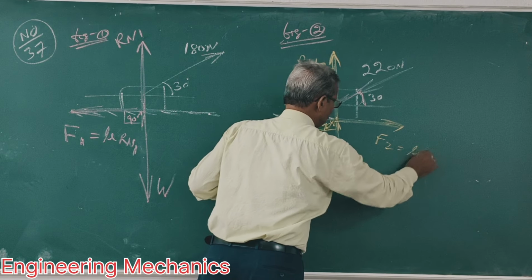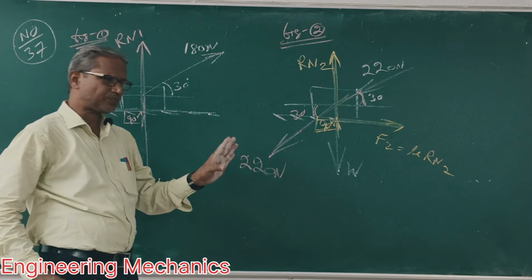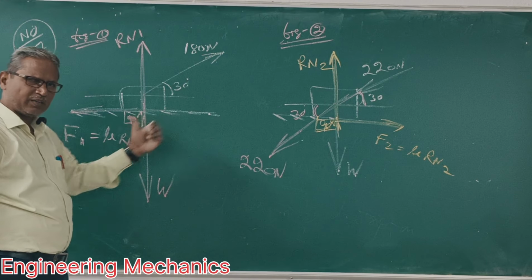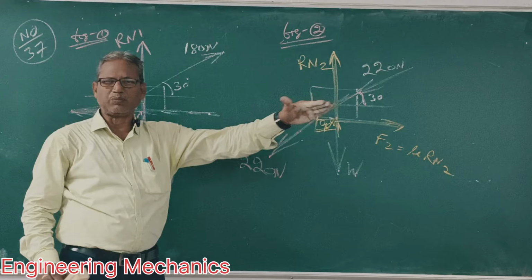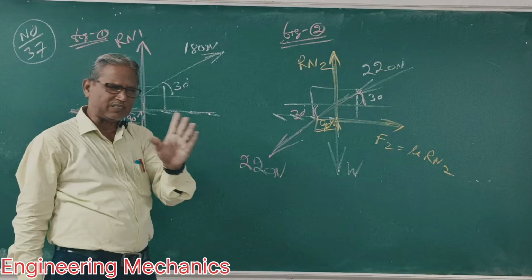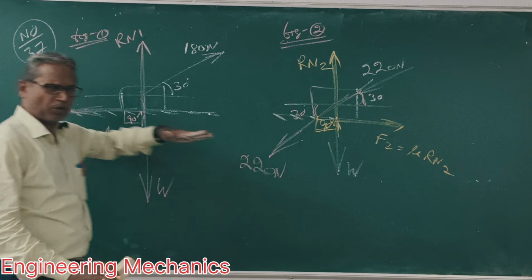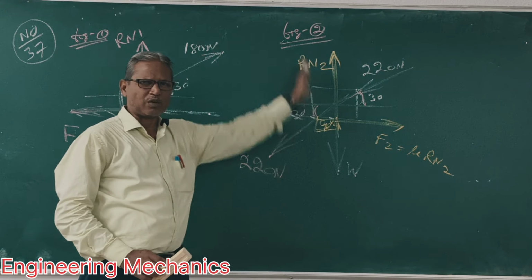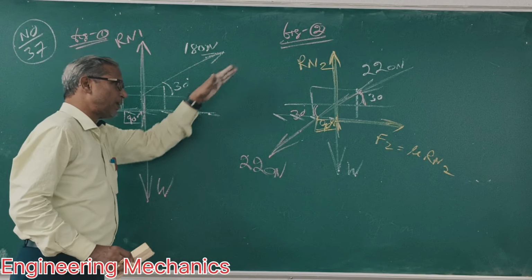What is F2 equal to? Mu Rn2. See here. This is P1, this is F1. This is P2, this is F2. The normal reaction is normal to the support. This is the support, the horizontal plane, normal reaction R1. Clear?